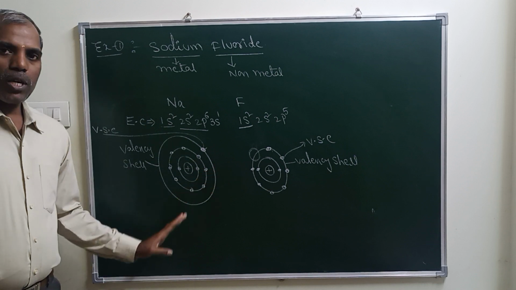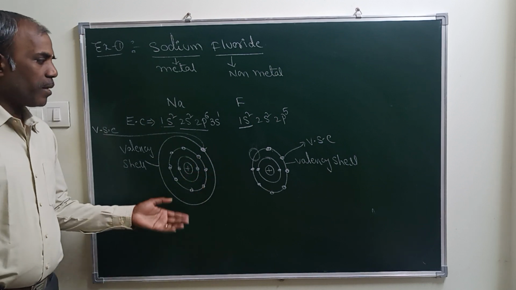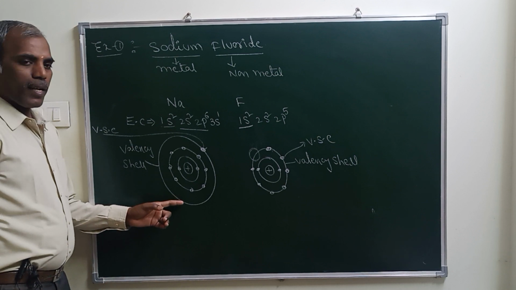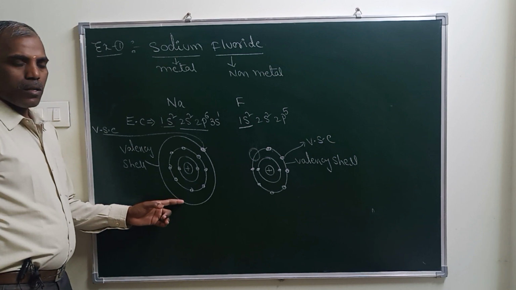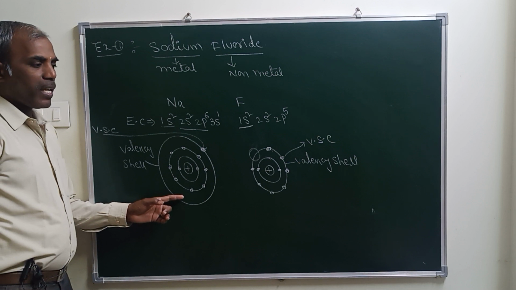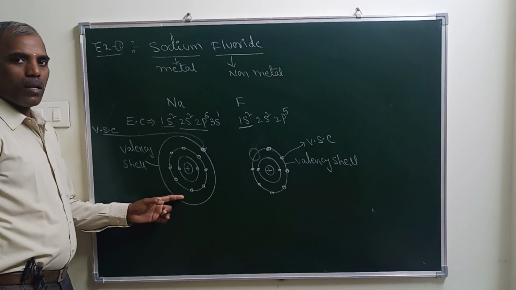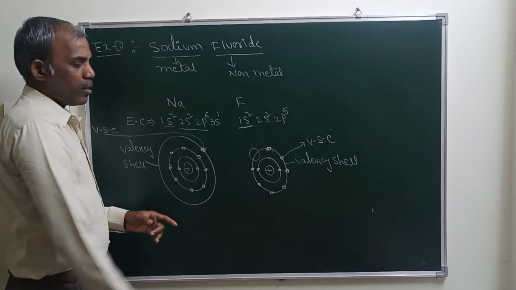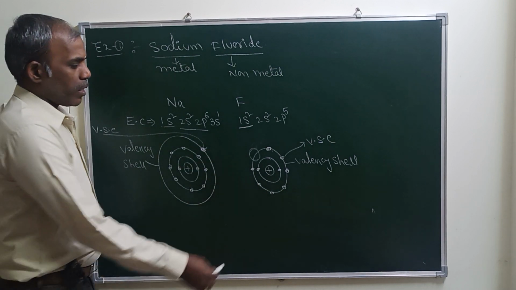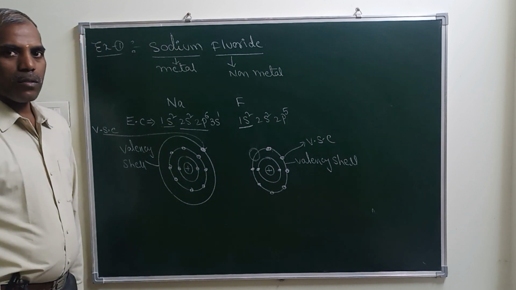Sodium and fluorine are both unstable in their atomic form. To attain stability, each must have 8 electrons in the valence shell. Sodium has only 1 electron in its valence shell, and fluorine has only 7 electrons.